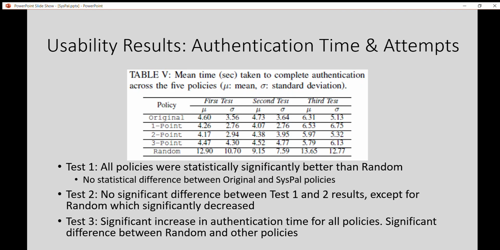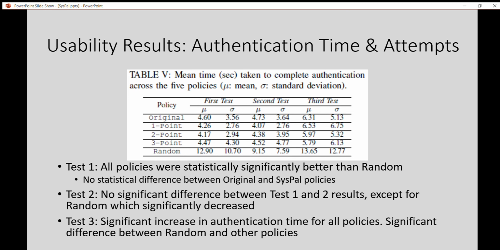For authentication time, we also see that all policies were statistically significantly better than the random policy, where there was also no statistically significant difference between the original and SysPal policies in the 2-minute interval.